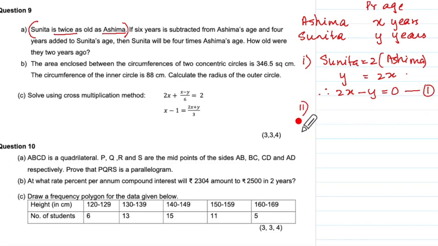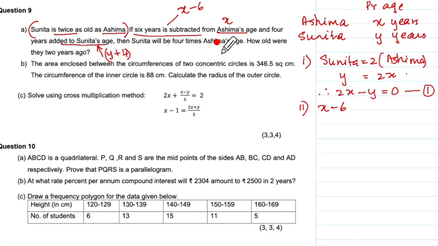Now let us look at the second condition. If 6 years is subtracted from Ashima's age, what is Ashima's age? X. So if 6 years is subtracted, then it becomes x minus 6, that is Ashima's age, and 4 years added to Sunita's age. Sunita is y, and we add 4 years to that.